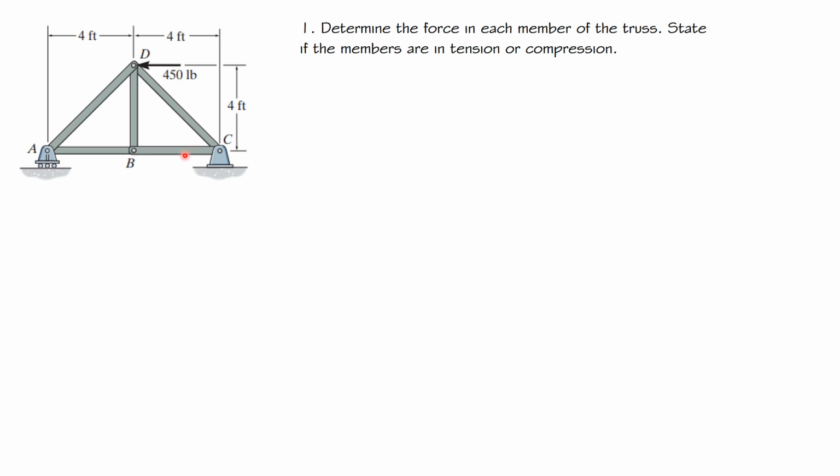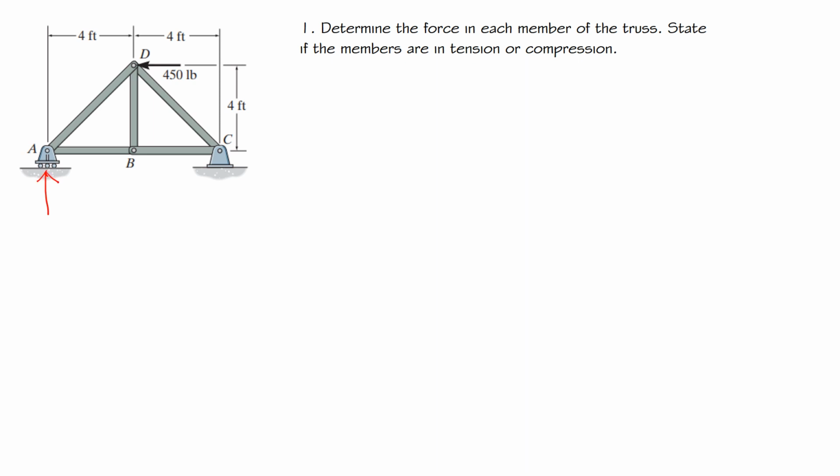So the first thing that we have to do is to solve for the reaction. And the reaction is acting on the support. So we have here a roller support, and we also have here a hinge support. So for a roller support, there is only one reaction.